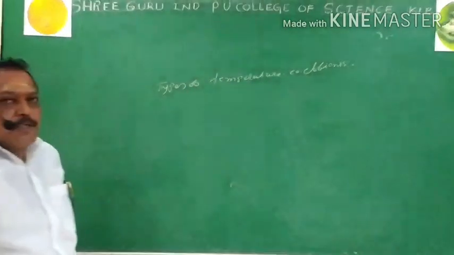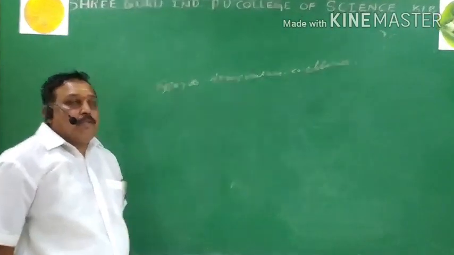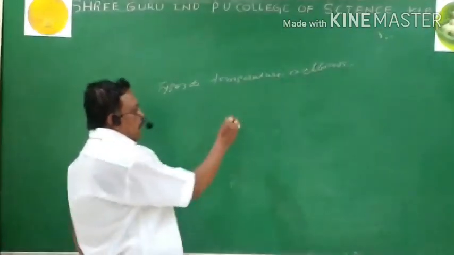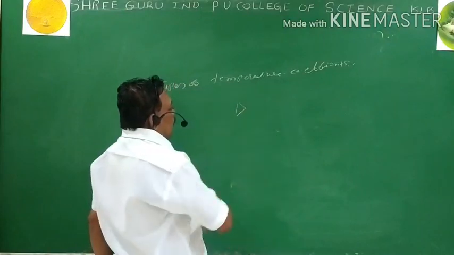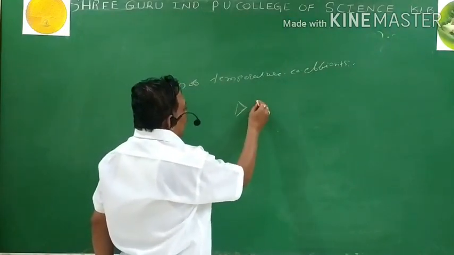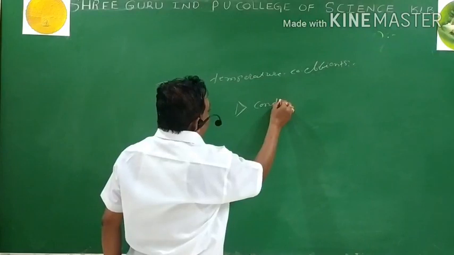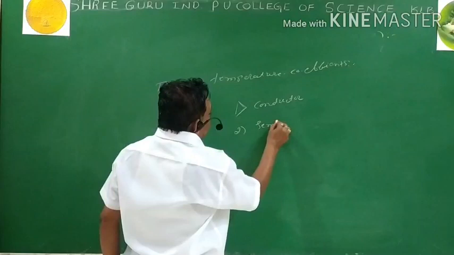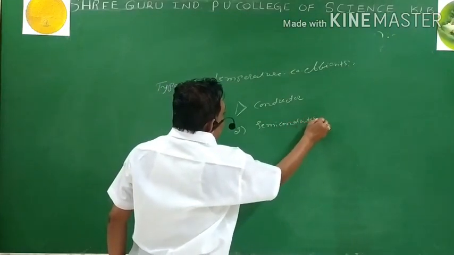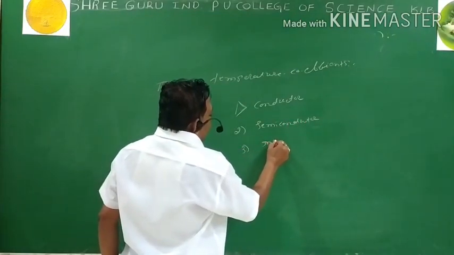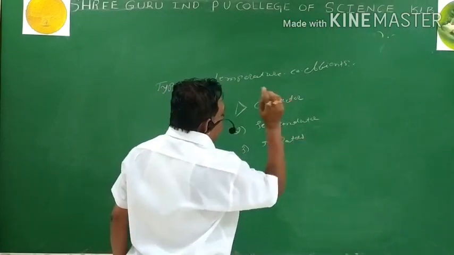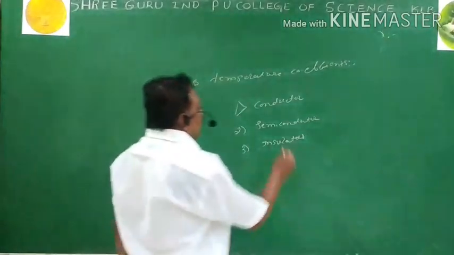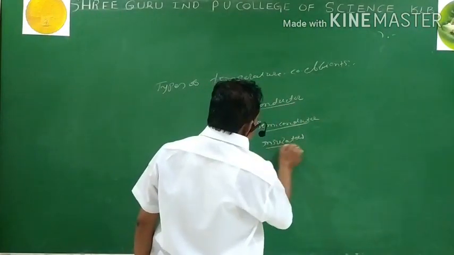There are two types of the temperature coefficient. On what basis are we making these two types? We have classified the materials on the basis of their electrical conductivity: conductors, semiconductors, and third, insulators.